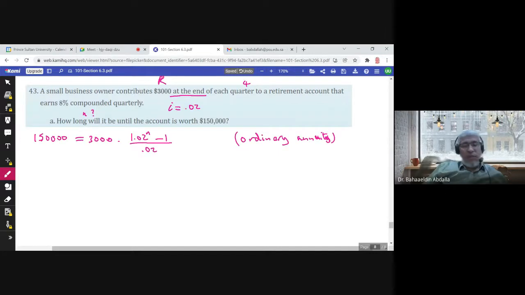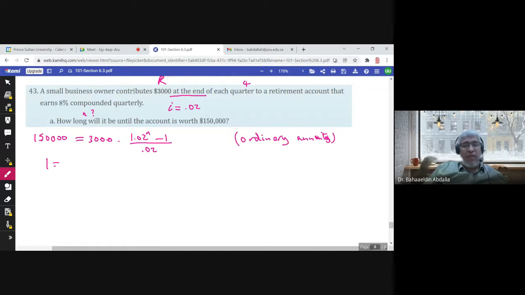So let me divide 150,000 by 3,000 times 0.02, and the answer is 1.